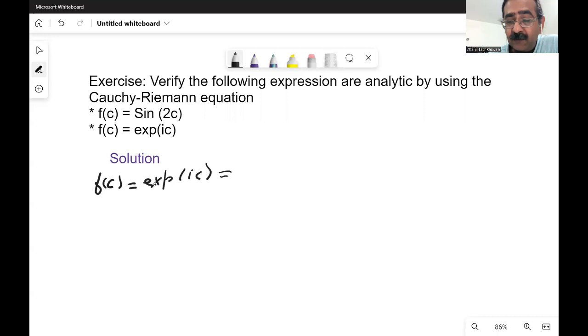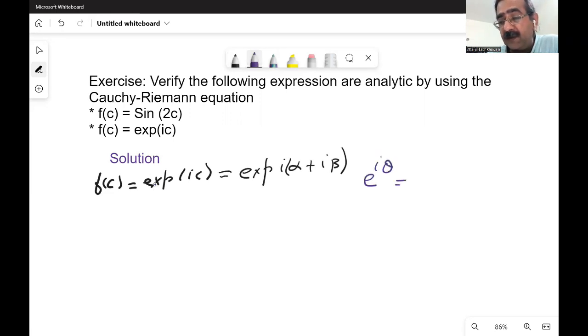So exponential of i alpha plus i beta. But we know that exponential of i theta is equal to cos theta plus i sin theta.